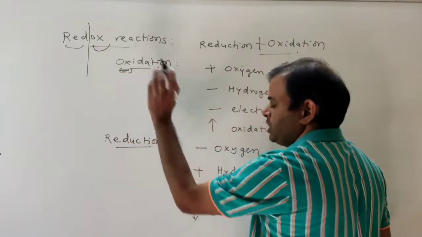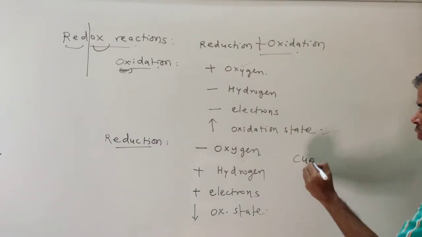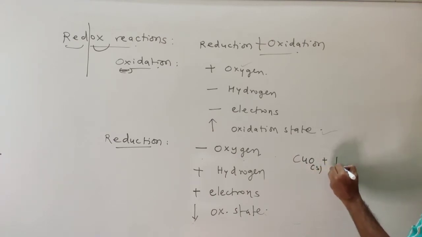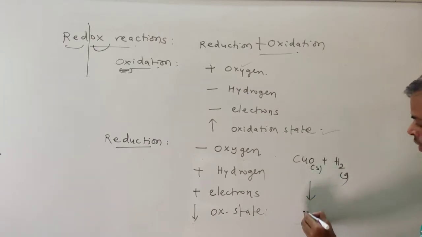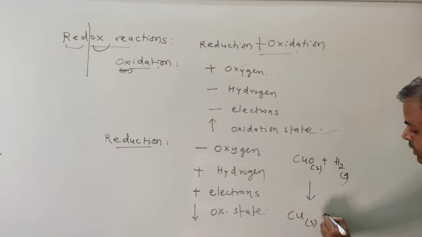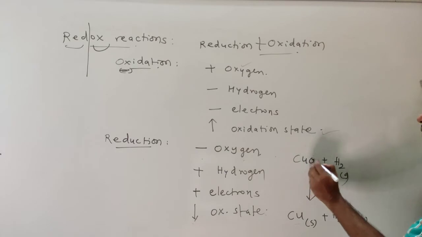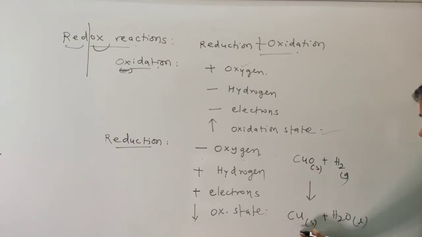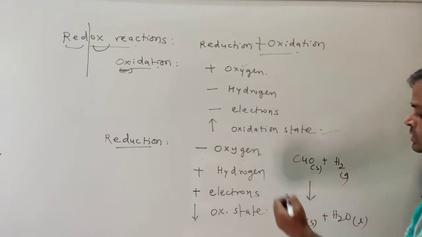If you take one example, CuO solid plus H2 gas, what does it give? Copper solid plus H2O. So here copper oxide with hydrogen gas gives copper and H2O. Here CuO is converted into copper, so removal of oxygen takes place.